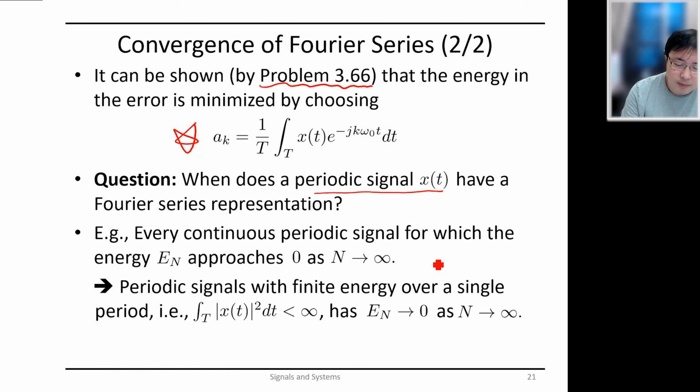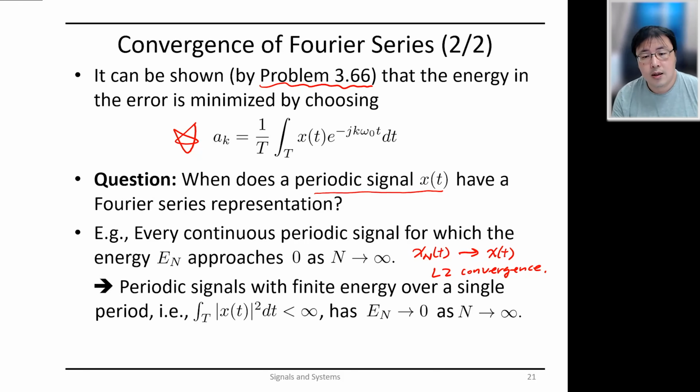Okay, so if you have some sufficient mathematical background, this is essentially saying that x sub n of t converges to x of t in L2. Right? So this is L2 convergence. Okay.